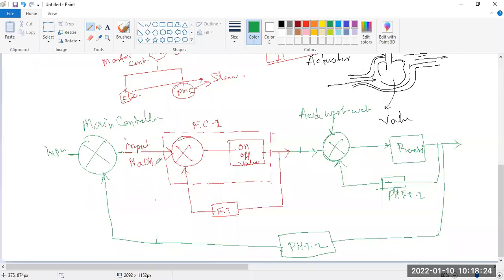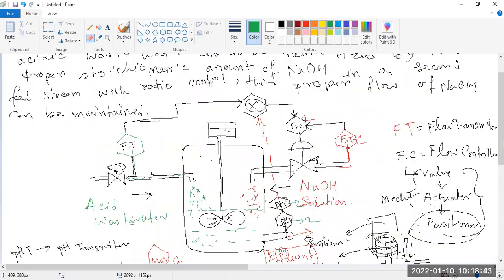So this FT also should be included. Sorry, it will not be there. This is direct input, because you know that this FT is only given here.